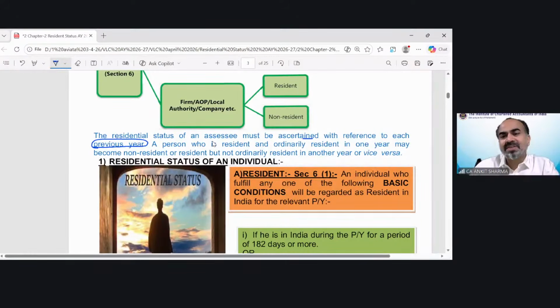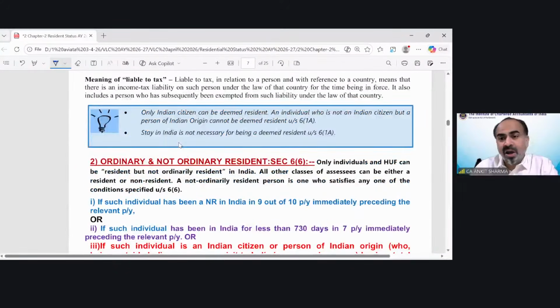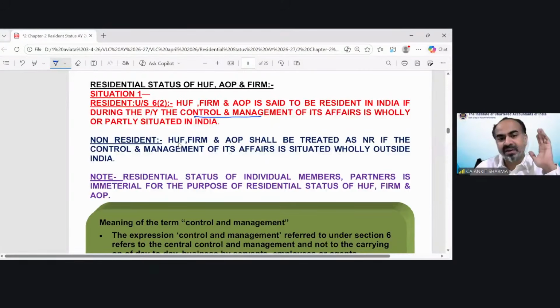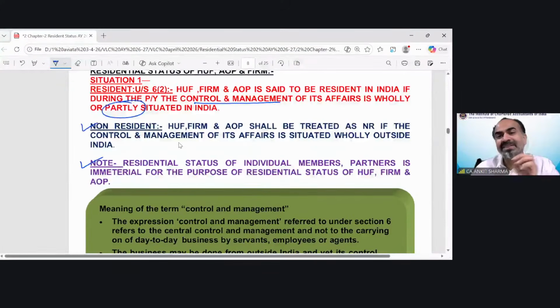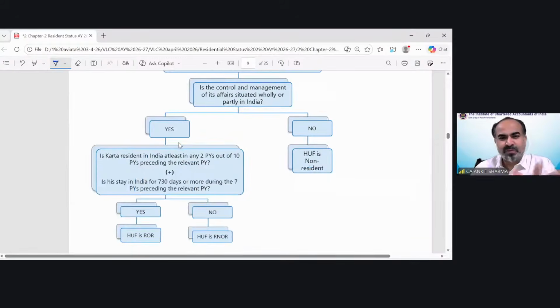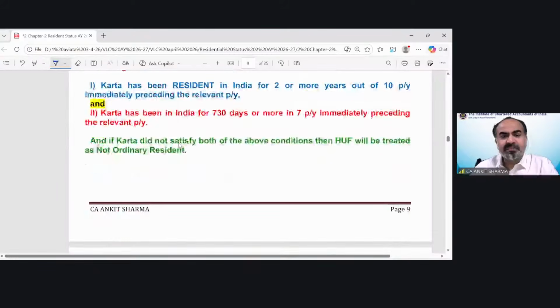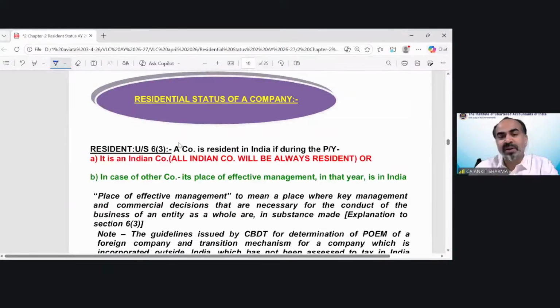A person who is resident, there is some special condition. If control and management is completely outside India, non-resident, the residential status of that firm, etc. So HUF provision you can see. Now in case of company, the provision we have already gone through is place of effective management.